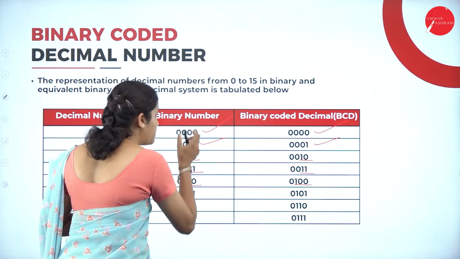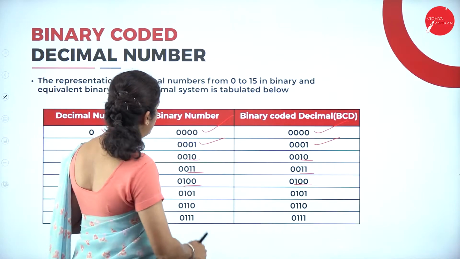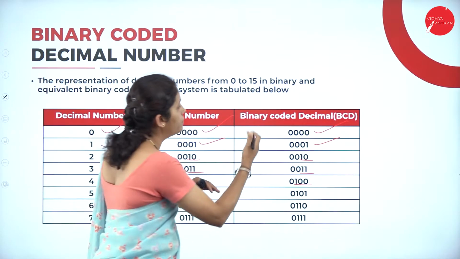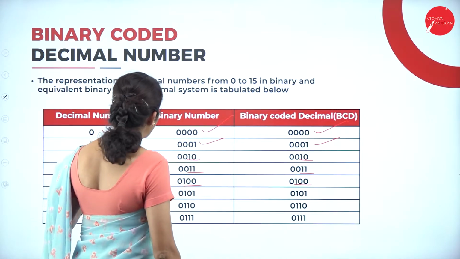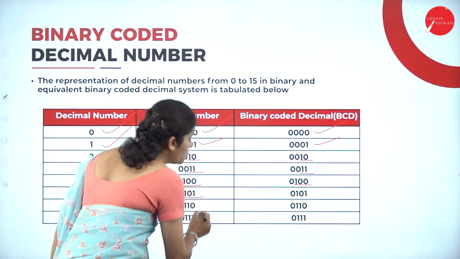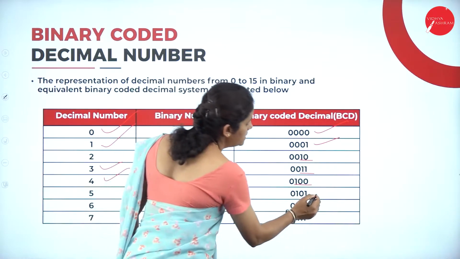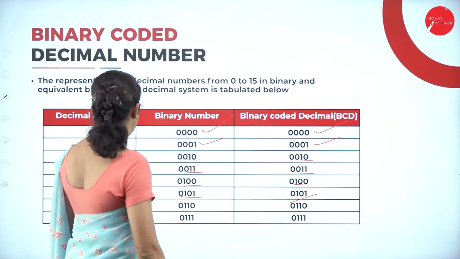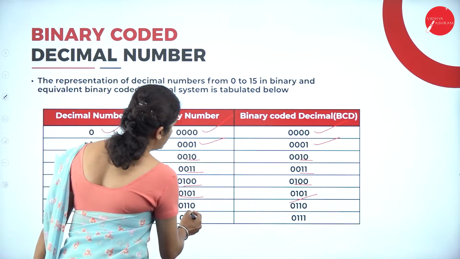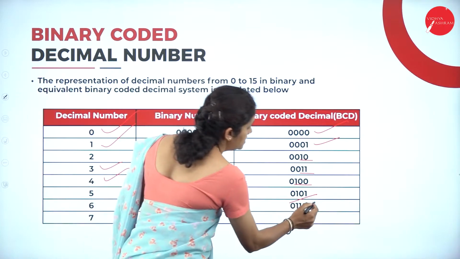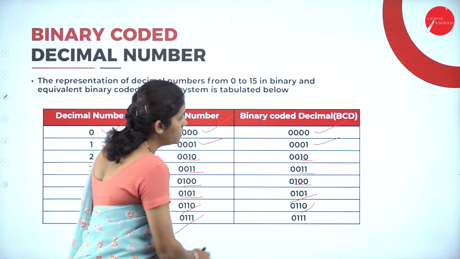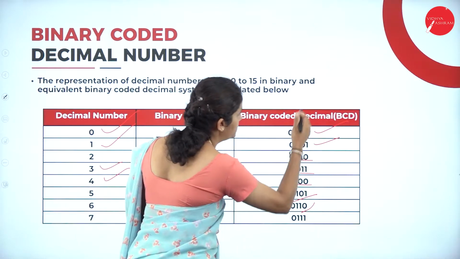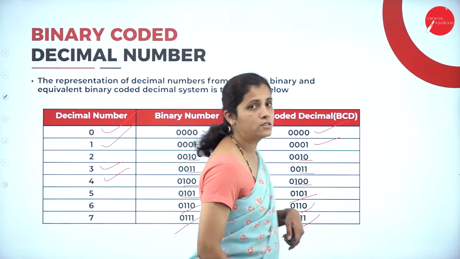The binary representation of 4 here is 100, and for BCD it is 100. And for 5, the binary representation is 101 and BCD is 101. Then for 6 it is 110 and BCD is 110. And for 7 it is 111, and for BCD it is 111.